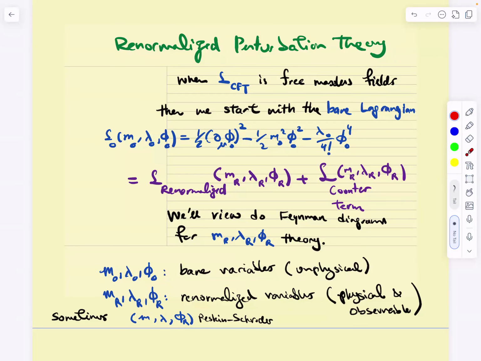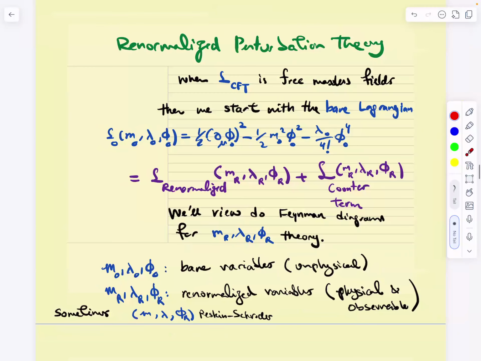So let's see how it works. There are all sorts of things that we're going to say that, later on, if you continue studying exact RG, you learn are special to this context. There's a lot of interesting simplicity that occurs because we're in perturbation theory around a UV fixed point.